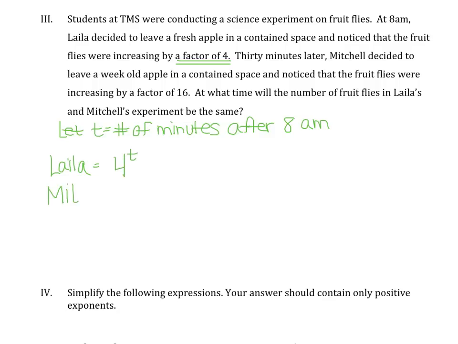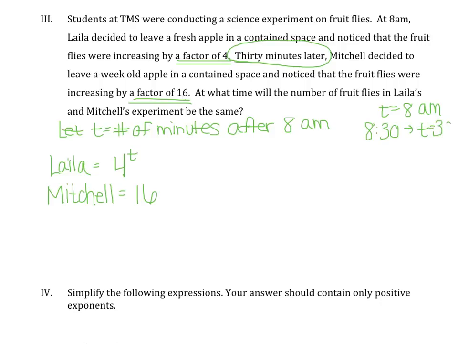However, Mitchell has fruit flies that are increasing by a factor of 16. So we know our base is going to be 16. But his started 30 minutes later. So we know that if t equals 8 a.m., and we're trying to get 8:30, this would be t equals 30.